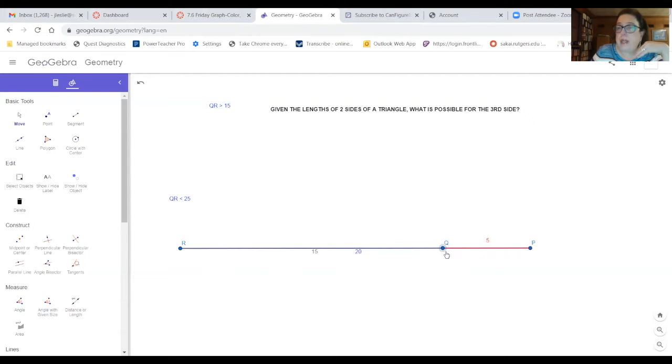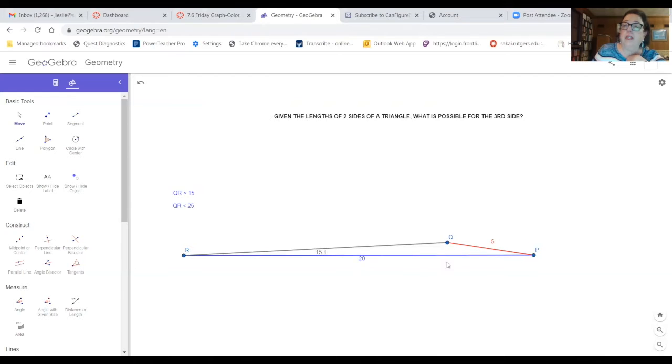That's like a lower limit, but it actually can't be that small. It has to be a little bigger than 15. If we just raise it up to become a triangle, we see 15.1. So QR has to be bigger than 15.